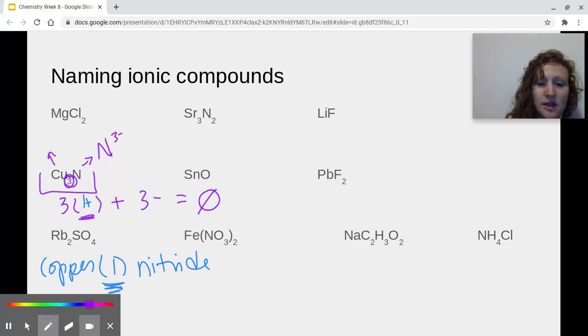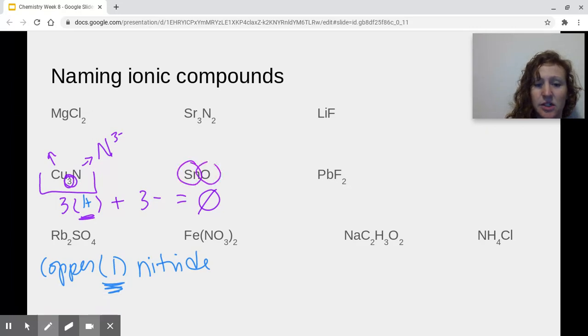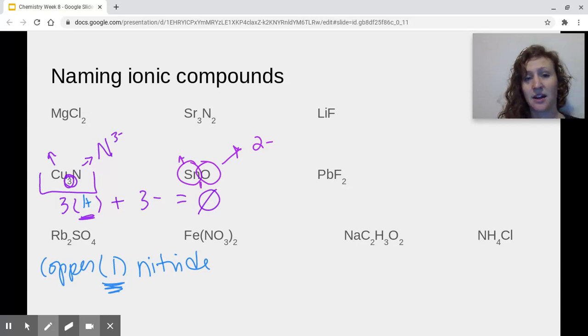So in this example, we have tin and oxygen together. We know oxygen automatically because oxygen only forms one charge. It's the 2 minus charge. So we have to figure out what the charge of tin is going to be. So we know we have 1 ion of each, 1 tin, 1 oxygen.